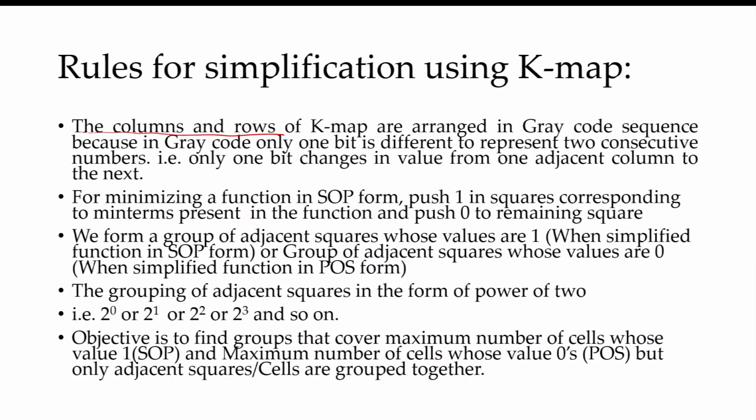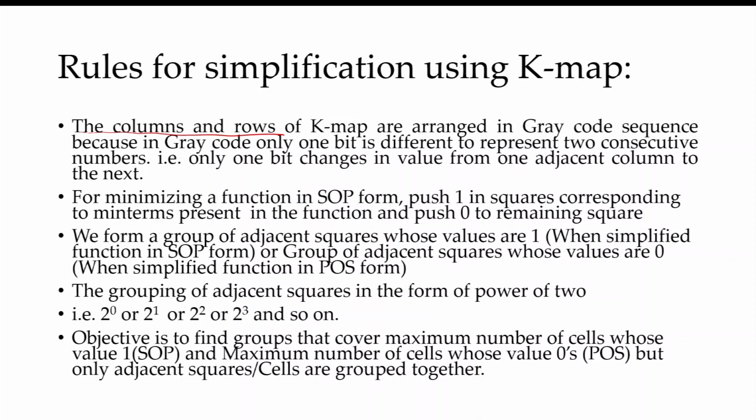Why do we use gray code sequence to represent the rows and columns of a K map? Because in gray code, 2 consecutive numbers differ by only a single bit. That's why for finding adjacent cells or adjacent squares, adjacent rows or adjacent columns, we simply use a gray code representation.